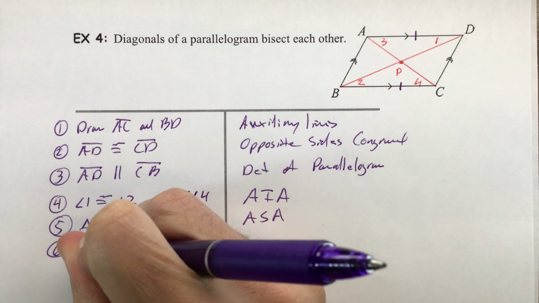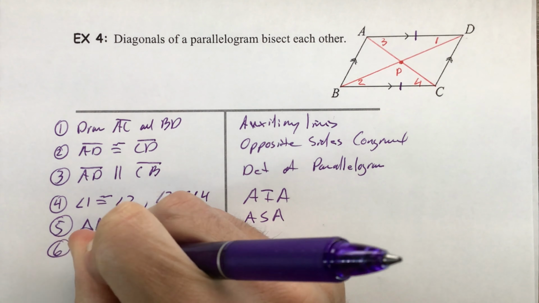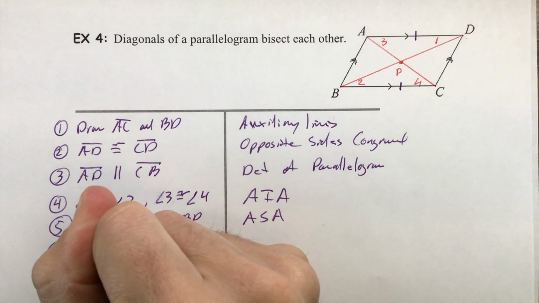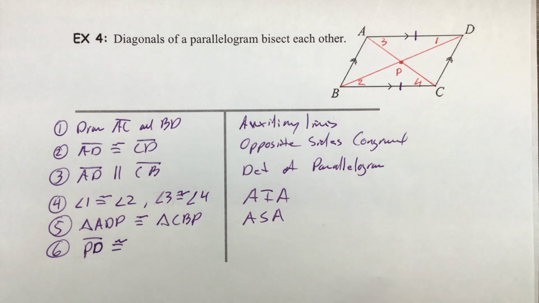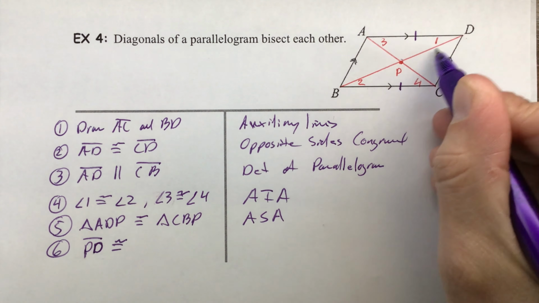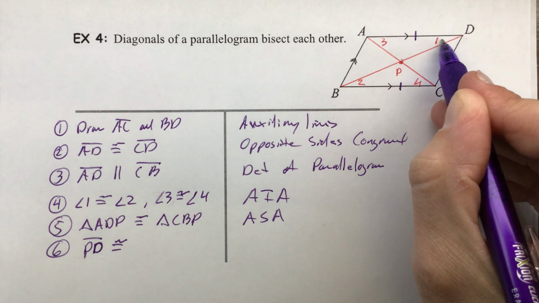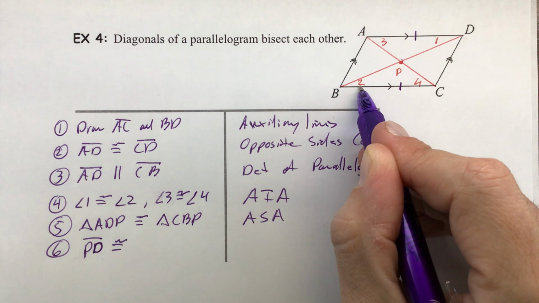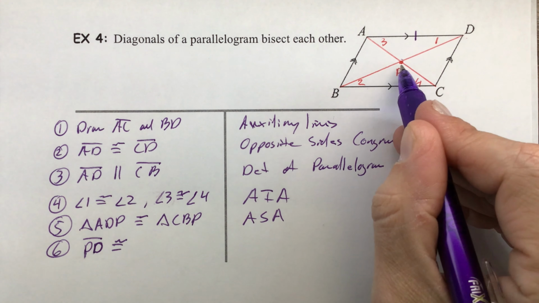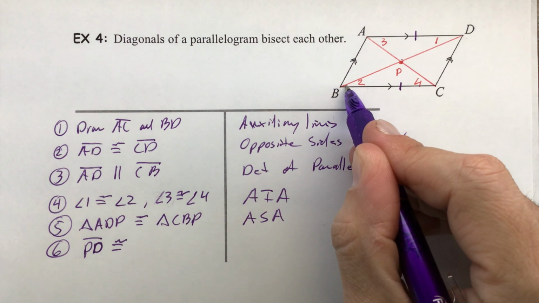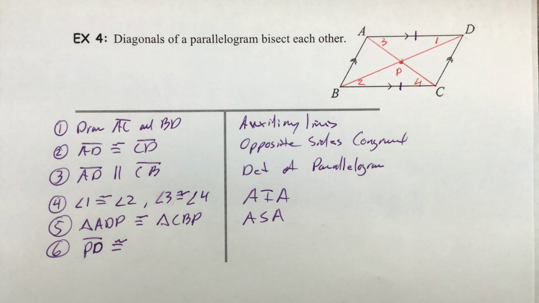PD right here is going to be congruent, and let's be real careful with this. It is next to the 1 across from the 3. The 1 is congruent to the 2. So we're going to be looking at PB as the same one that we have there.